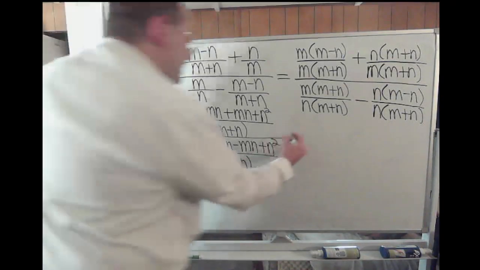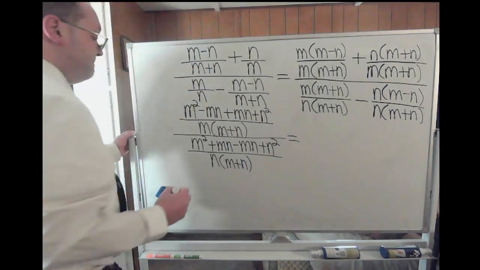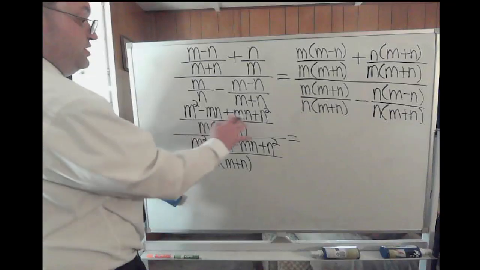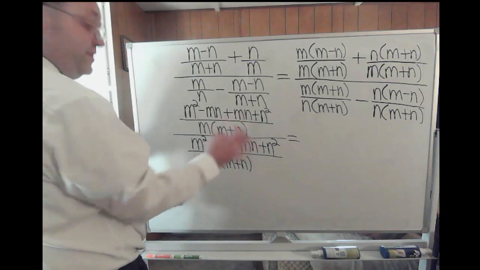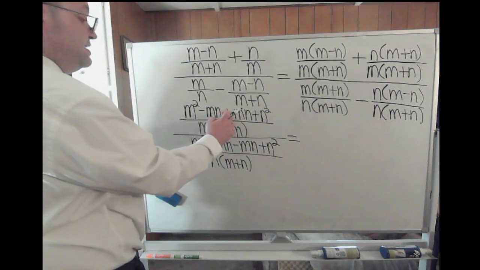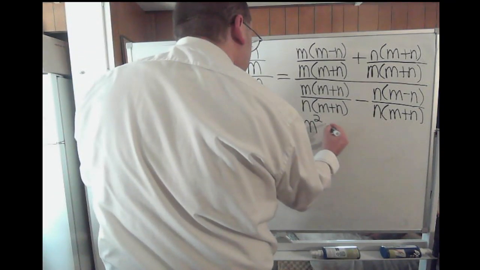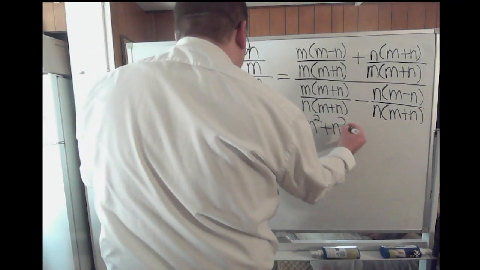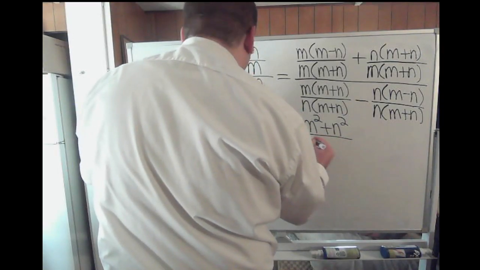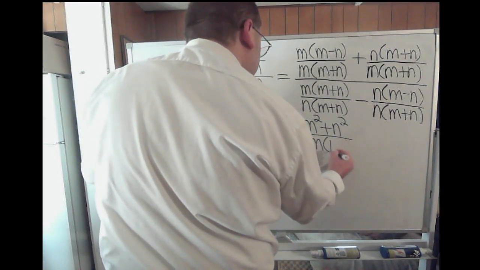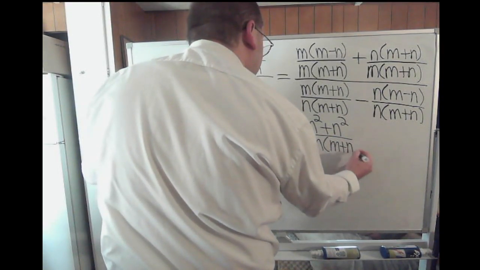Well, let's simplify before we invert and multiply. Notice in the numerator of the numerator, negative mn and positive mn, those will cancel out. What you're going to be left with is m squared plus n squared all over m times (m plus n).